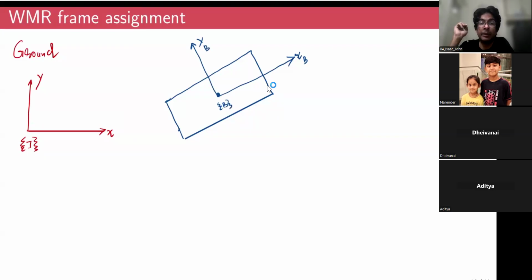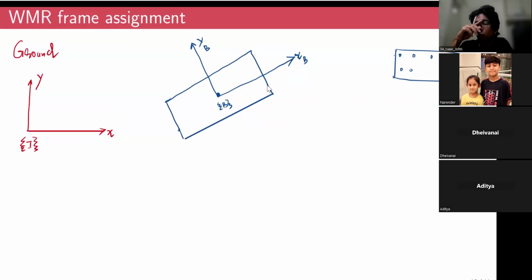So this is very convenient because, in case of a rigid body, the defining feature of a rigid body is that the relative position between any 2 points of the rigid body will always be fixed. It won't change. For example, if you consider these 2 points, their relative position and orientation will always be fixed. No matter what happens, it'll always be fixed.